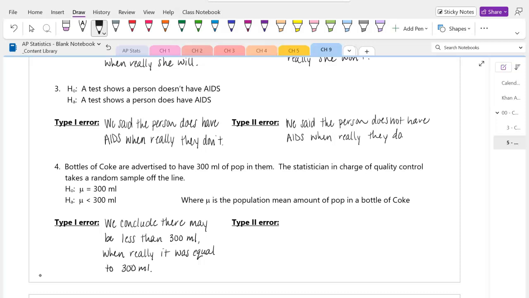And then our type 2 error is that we conclude that there is 300 milliliters when really it was less than 300 milliliters. And that brings up the last problem for our examples in type 1 and type 2 errors.